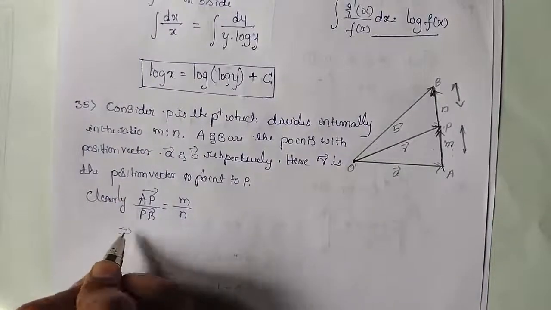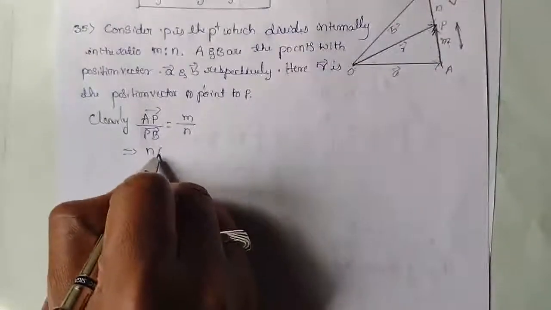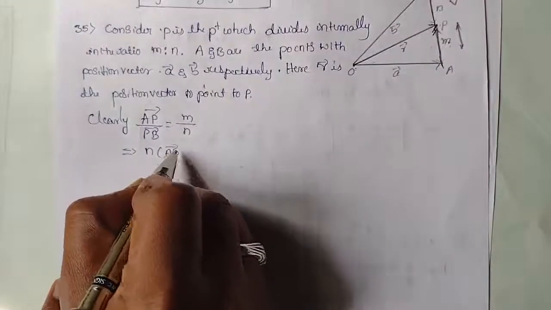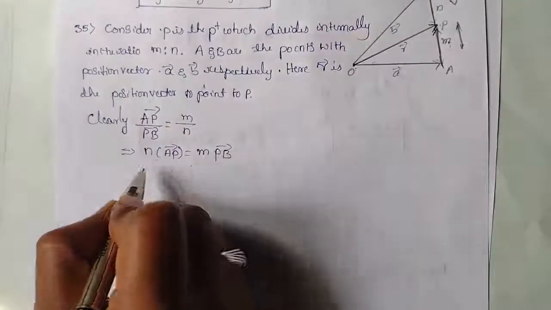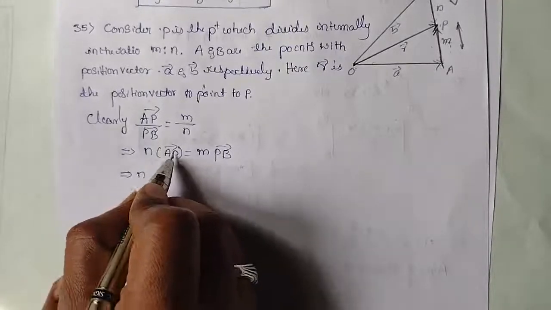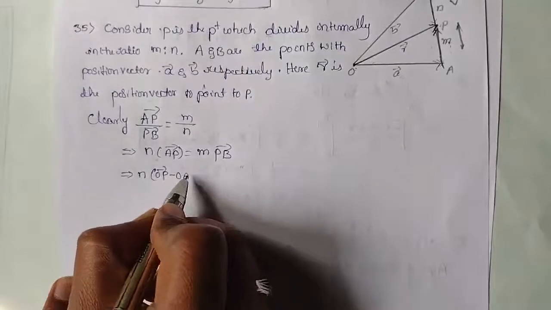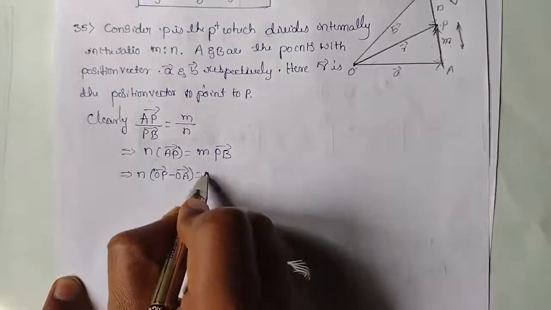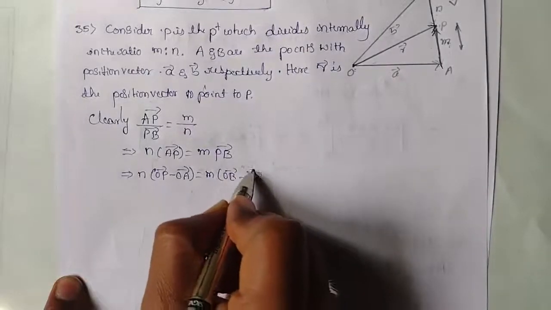By cross multiplying the equation, we get n into AP vector is equal to m into PB vector. By applying the position vectors, n into AP vector can be written as OP vector minus OA vector, is equal to m into OB vector minus OP vector.